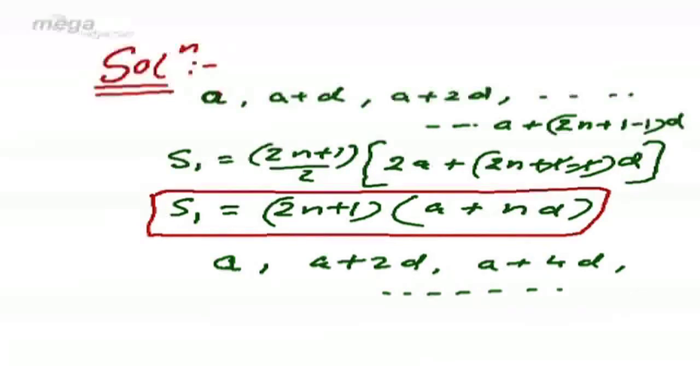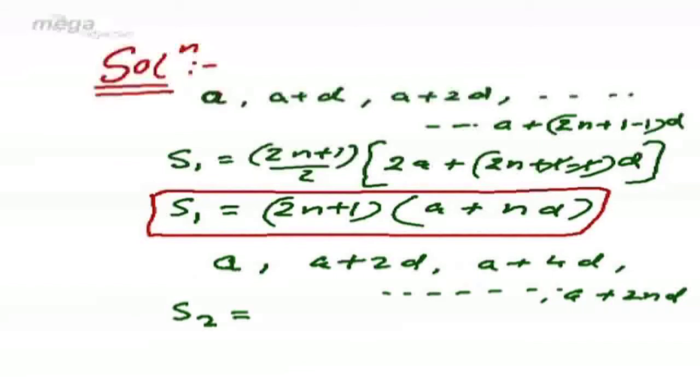The last term is the (2n+1)th term. This will also be odd because the first term is odd, the third term is odd. Therefore, the (2n+1)th term will also be odd. It means this is a + 2nd. The total terms are 2n+1, but odd terms will be n+1.